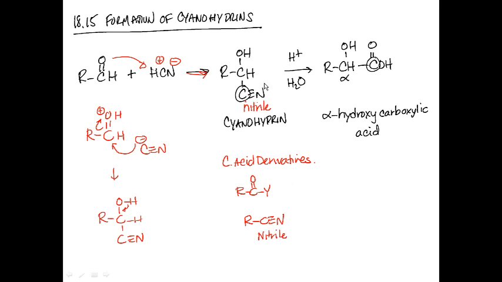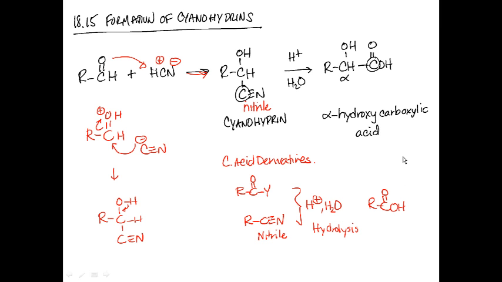And so it turns out that for carboxylic acid derivatives, the reason that they're called carboxylic acid derivatives is when you react them with H plus and water, which is called hydrolysis, you end up forming a carboxylic acid.